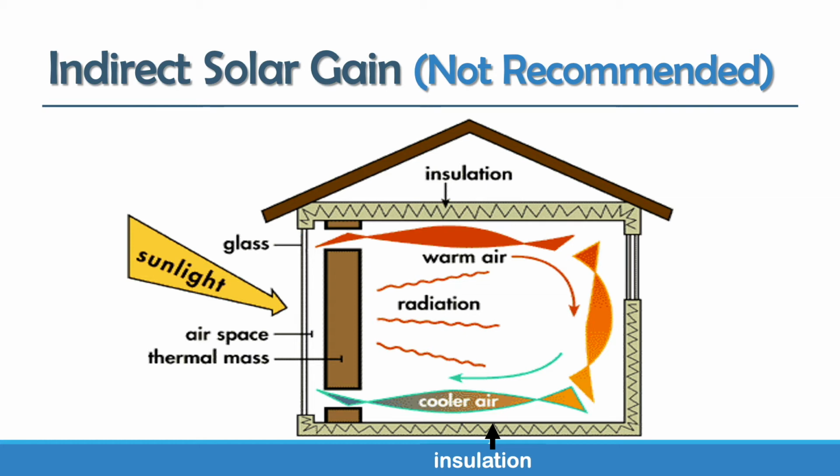Now, this thermal mass that we see to the left is called a Trombe wall. I know that in the reading there was a pronunciation guide. That Trombe wall can be water, it can be concrete. Water, if you remember, has a very high heat capacity, so it can absorb a lot of heat and then it radiates it back.